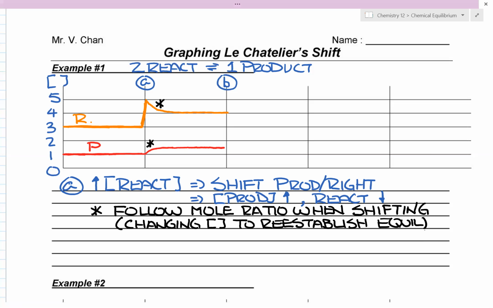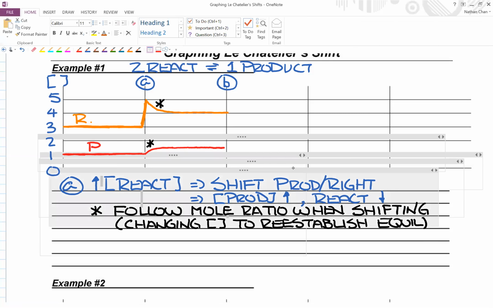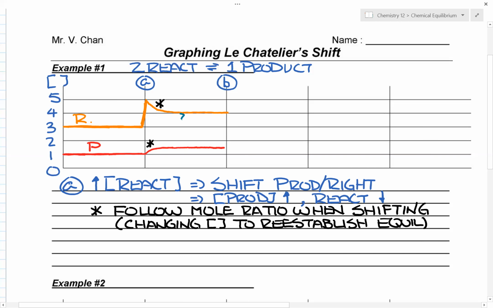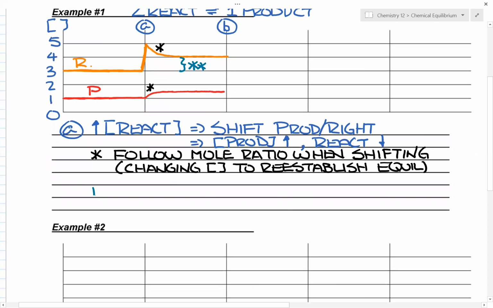Now, the other thing is, you should notice here, I'm going to put this in green. Notice, in this particular case, the new concentration at equilibrium is greater than the old concentration at equilibrium.